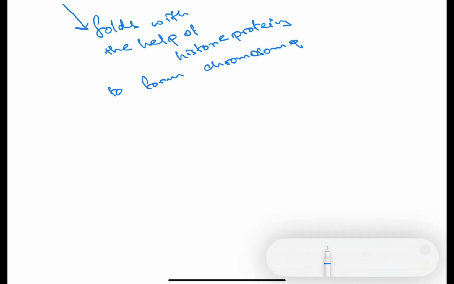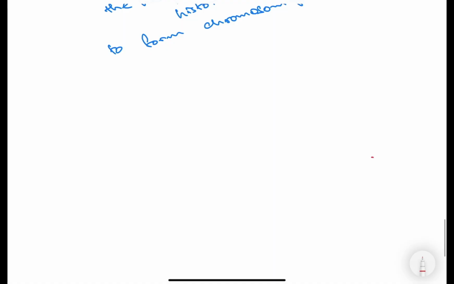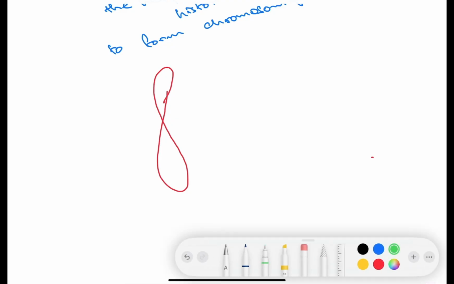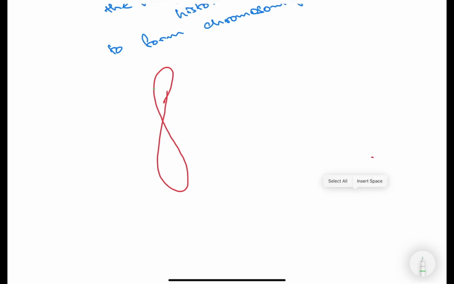Okay, so inside this chromosome, gene A, which is a segment of the DNA, will occupy a position. Like gene A, this is a chromosome, and gene A will occupy this position.